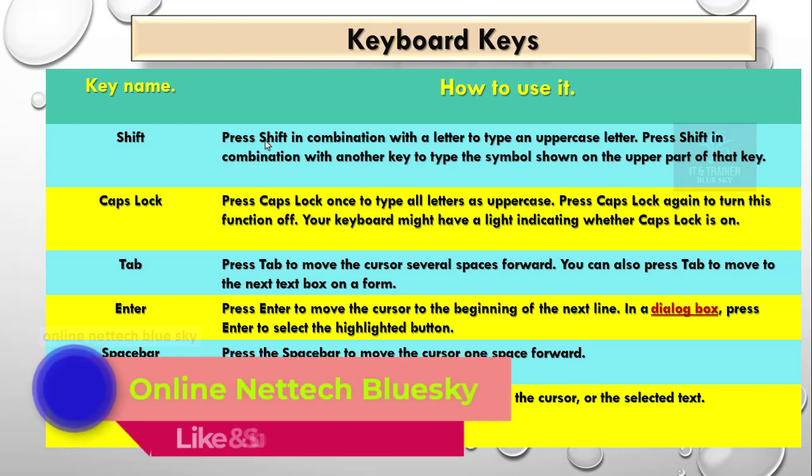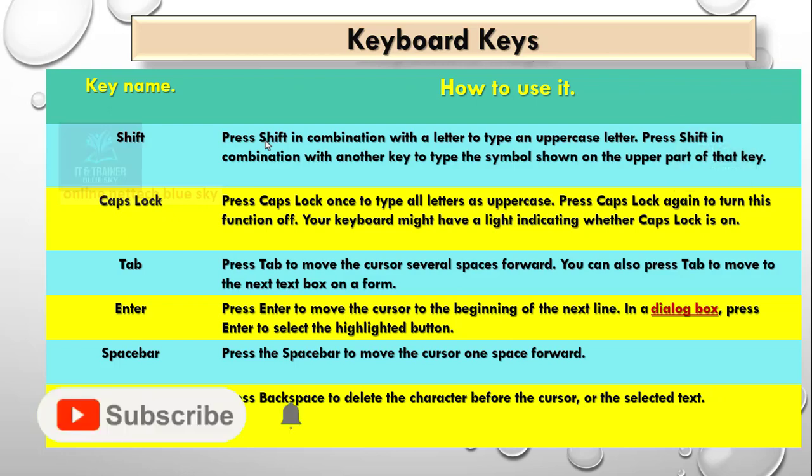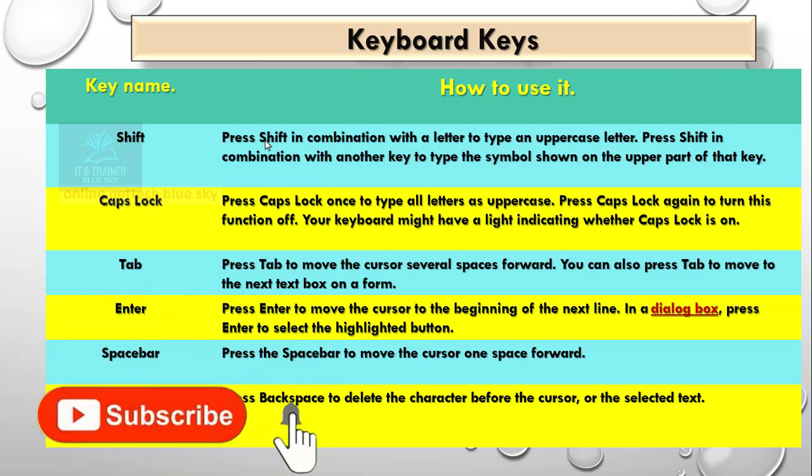So press the shift button and press the symbol buttons. One by one you can see that, because one key has two types of characters. The first is automatic by default, and the second is what you want. So first press the shift button and then press the second symbol you want.